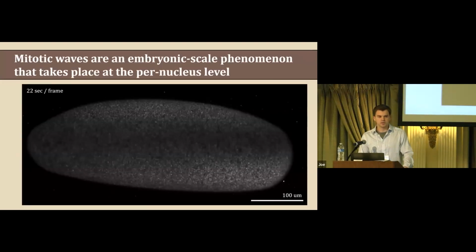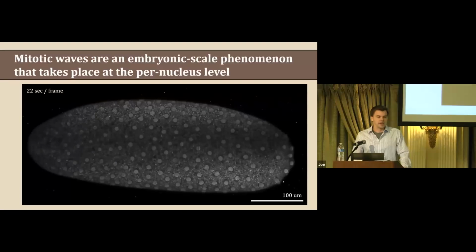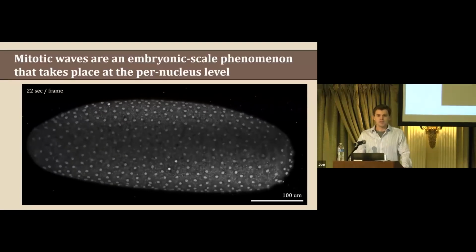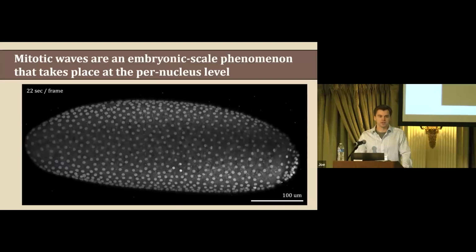However, previous studies have really looked at the local properties of these waves, but mitotic waves are an embryo scale phenomenon, and it's worth looking at the entire embryo when you're studying these waves.